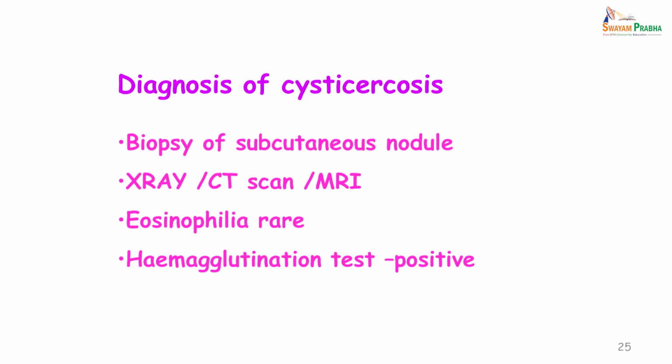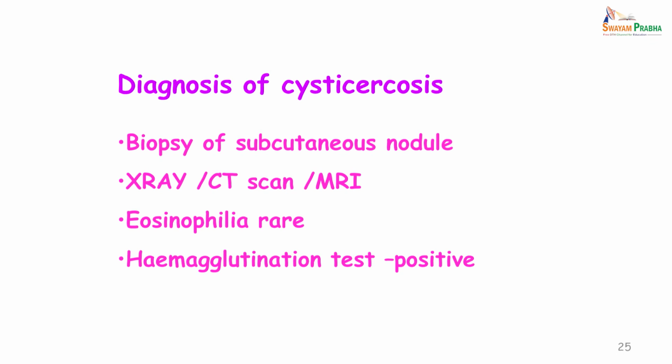Diagnosis of Cysticercus can be done by taking a biopsy of the subcutaneous nodule and demonstrating the invaginated scolex within the Cysticercus cellulosae. An X-ray, CT scan or MRI can demonstrate the presence in deeper organs.